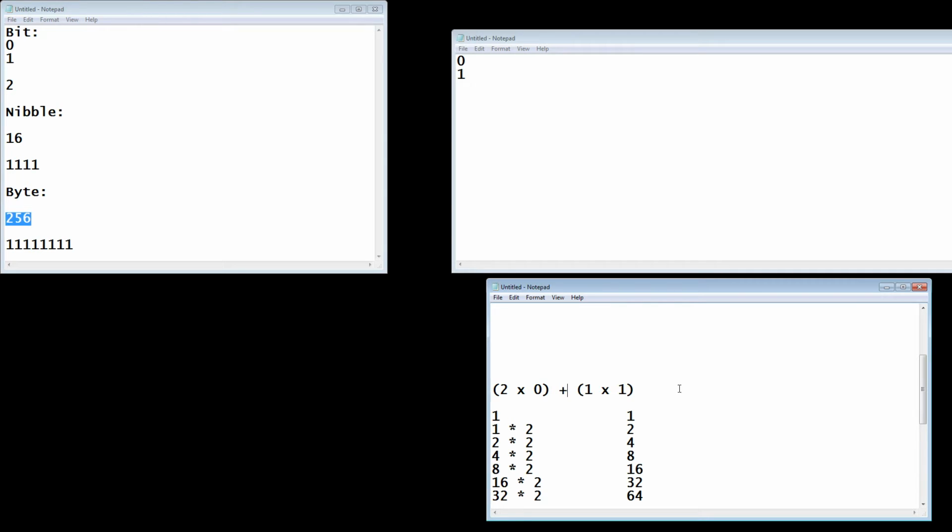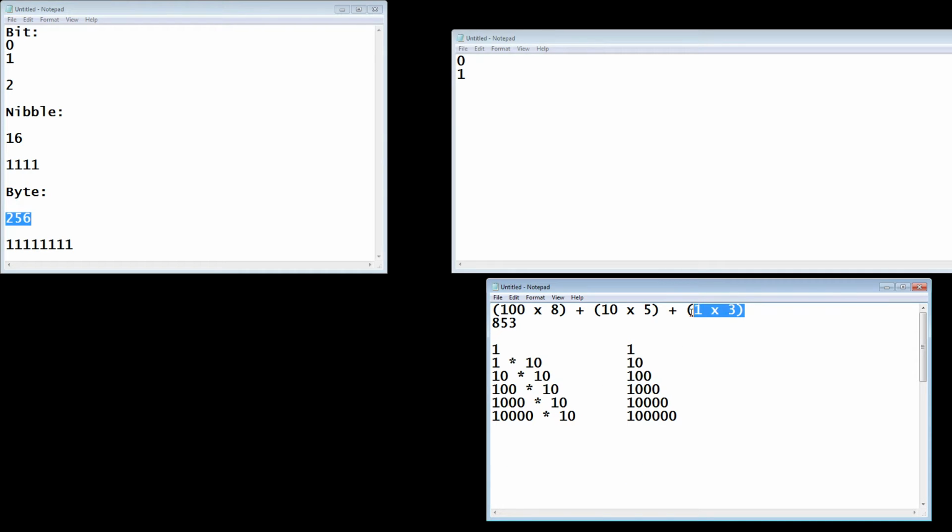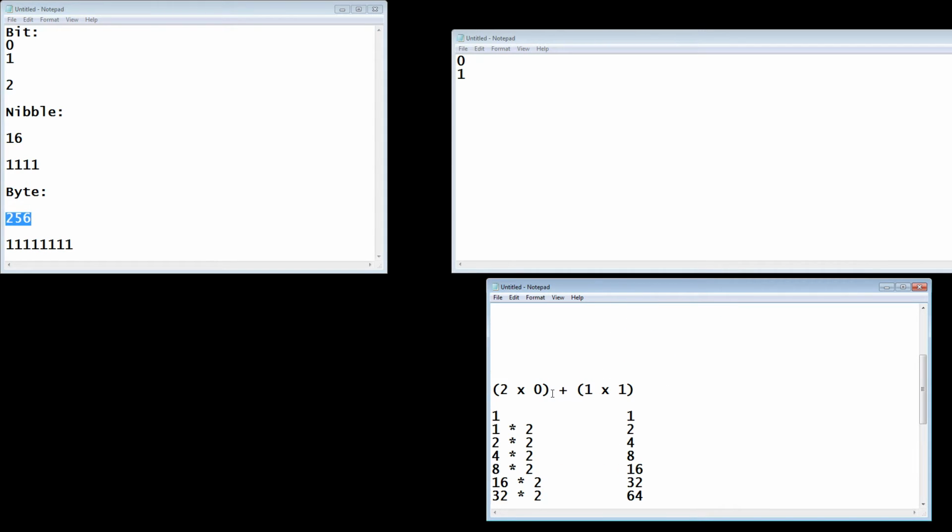And as you can see here, I can also put this in a different way. So understand 800 plus 50 plus 3. In that same way, 850 and 3 is equal to 853.